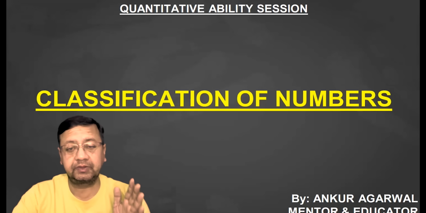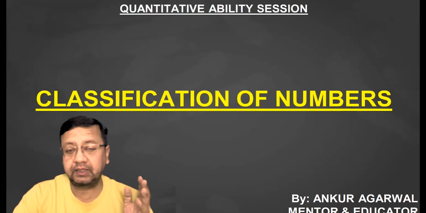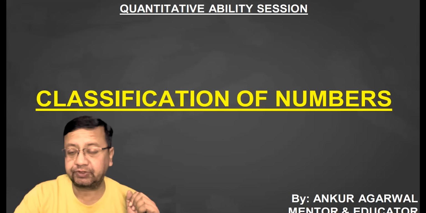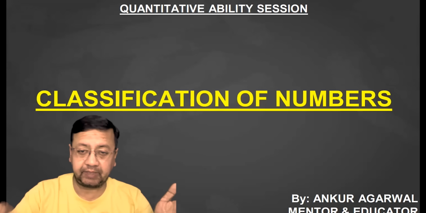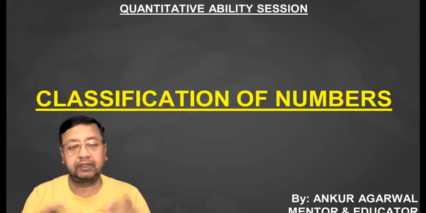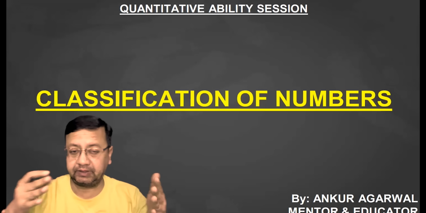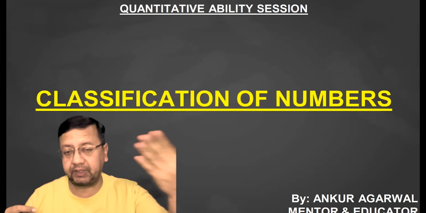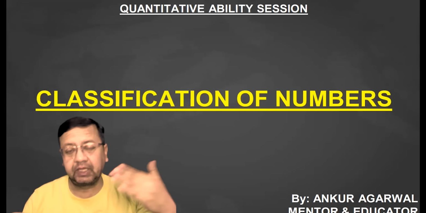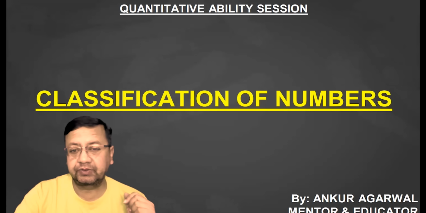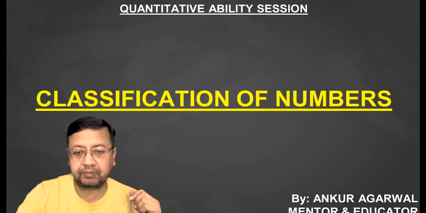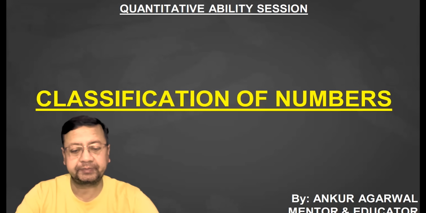For this purpose, this class on the classification of numbers is important. Here we classify different types of numbers and identify the subcategories, the parent numbers, the child numbers, and so on. So let's begin with this part, that is numbers, right?